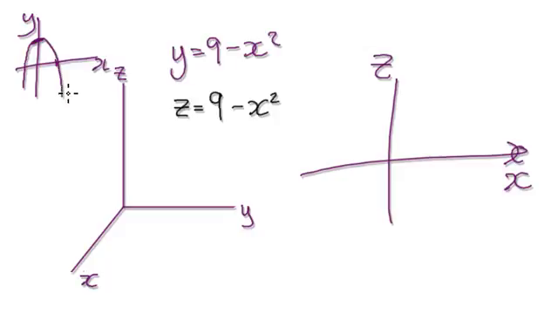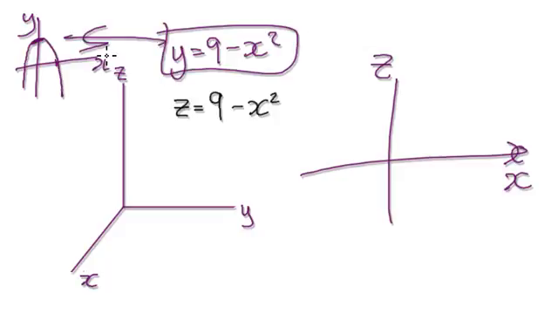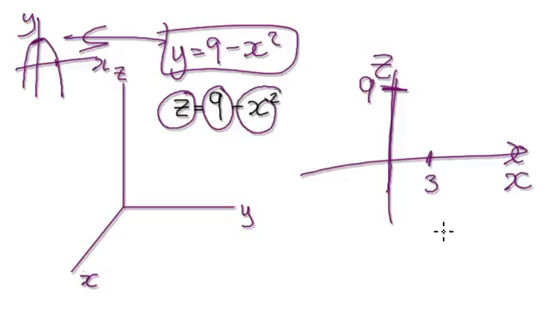So it will look like this if you were to sketch this. But here, this would be our z-axis, intercept of 9, and this here we will know is going to be 3, and it's going to do a negative quadratic. So it's going to look something like this. So this will be negative 3.